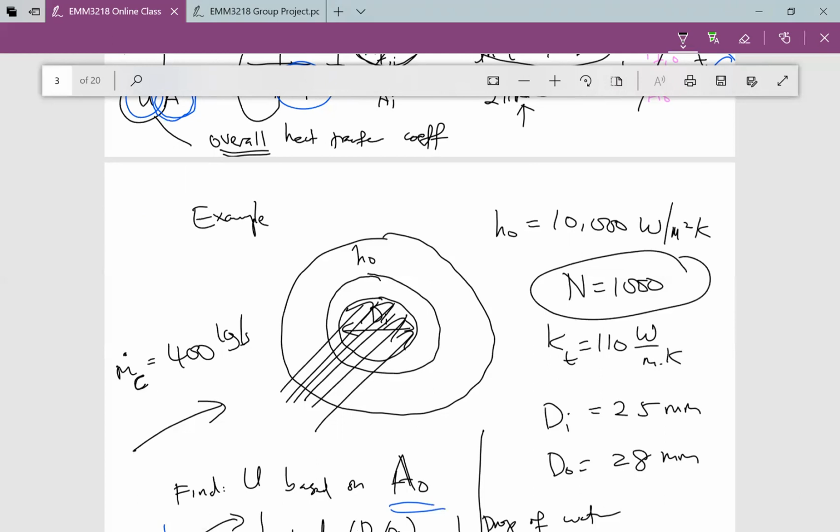Okay, so it's like you have another tube. This tube is only one tube, but there are a total of 1,000, and the whole water is actually flowing through those 1,000 tubes. So what is that? How does it affect your calculation in terms of that 1,000?